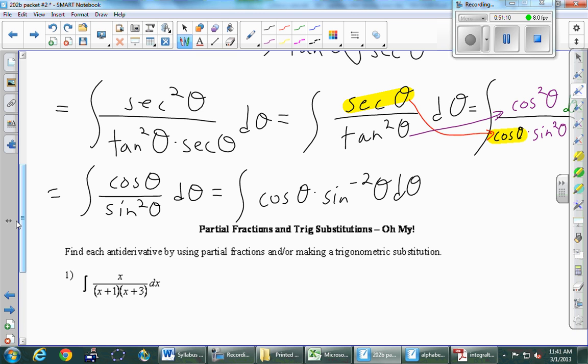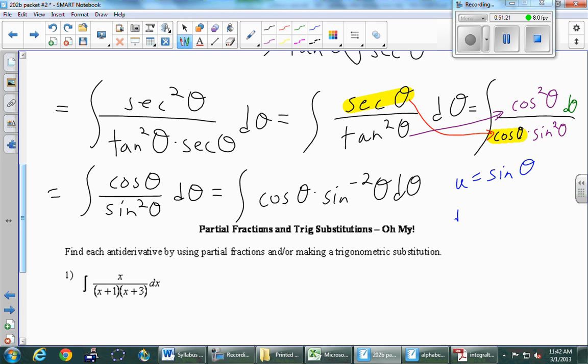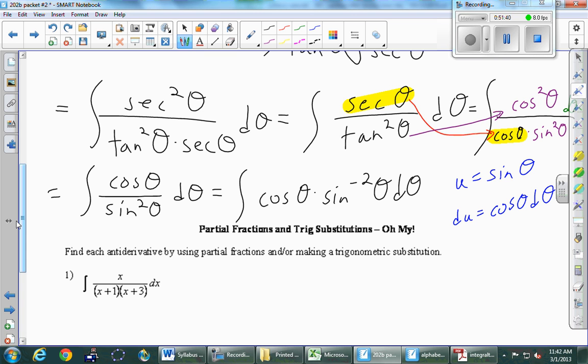Okay, gang, we are done with this one once we see it. This is a U substitution. If we let U equal sine of theta, then du is cosine of theta d theta, which is sitting in the front there. This is a trig sub followed by a U sub.